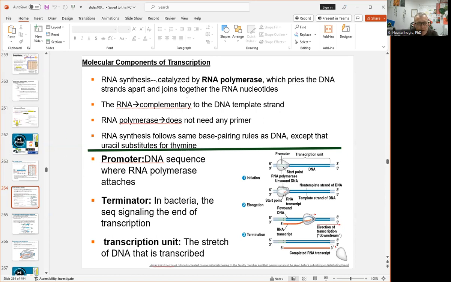There is RNA polymerase, an enzyme which catalyzes this whole process of transcription, and RNA polymerase 2 specifically here. The promoter gives the signal to start. The terminator ends the transcription. So these are some other things involved here.